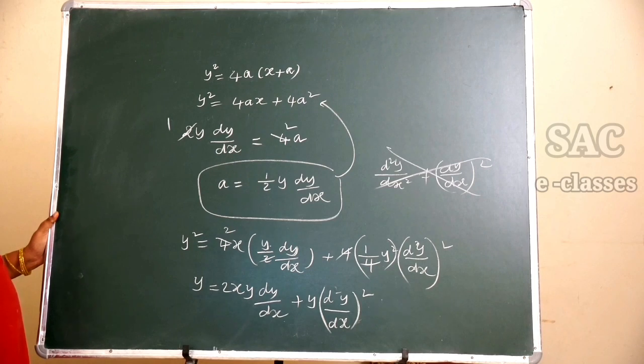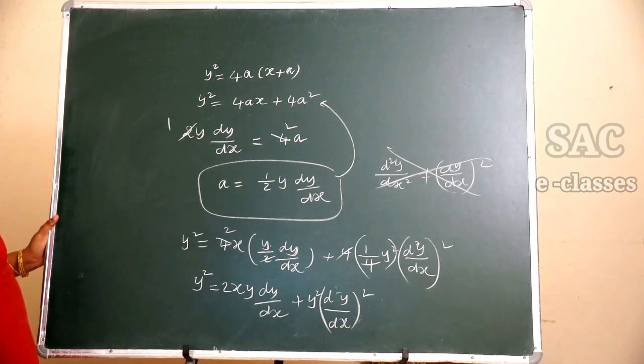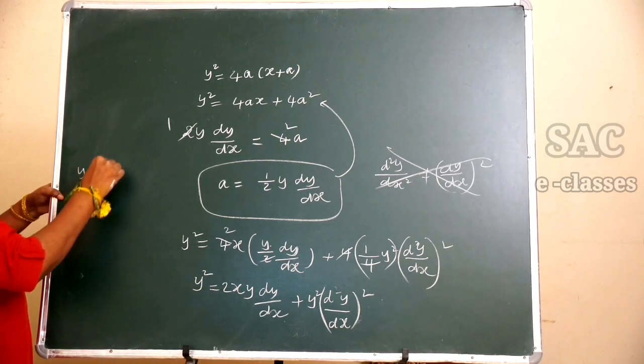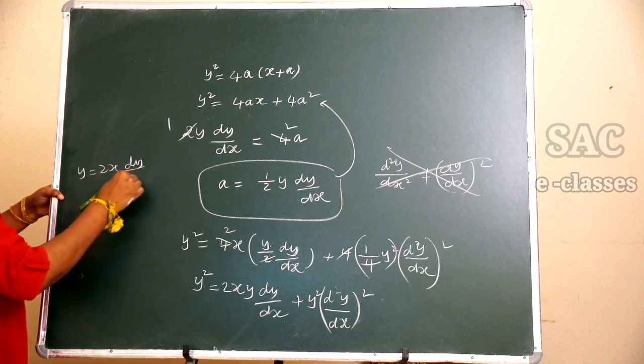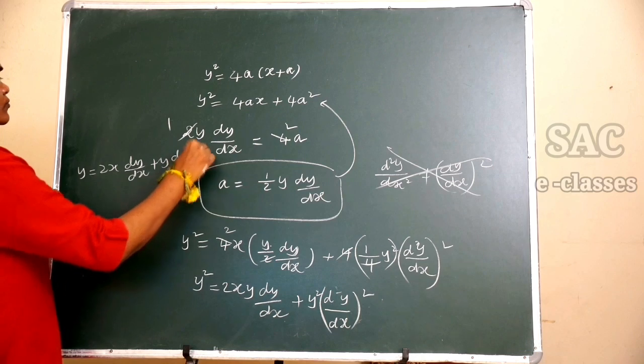No need to simplify this further. Taking y out, y is equal to 2x into dy by dx plus y into dy by dx whole square.